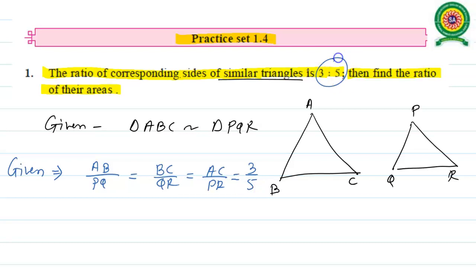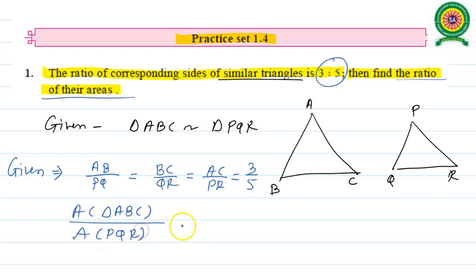3:5 in case of proportionality, we can write in terms of the ratio as 3/5. Now we have to find the ratio of their areas. That means we have to find the area of triangle ABC divided by the area of triangle PQR. Ratio means ultimately the division of areas.